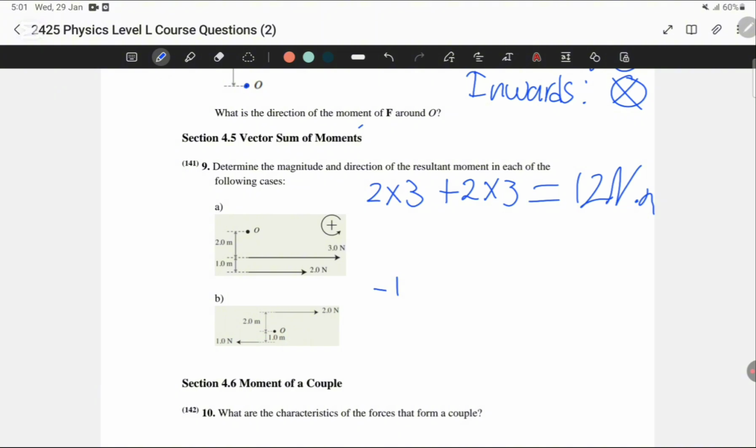My bad, this is going to go clockwise and this is going clockwise as well. So we calculate the moment, which is 2 here, and the perpendicular distance between that and point O is 2. Plus -4, since both of them are clockwise. So the net moment is -5 newton meters.